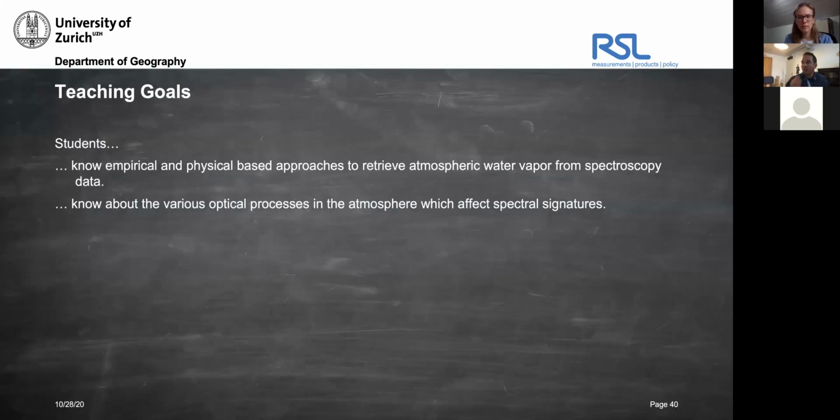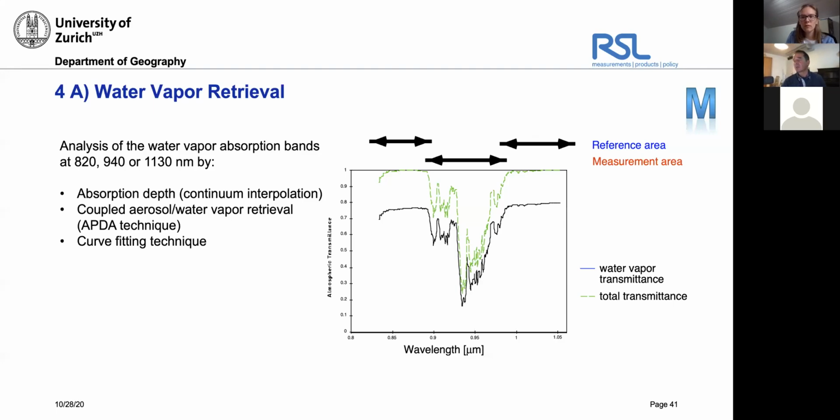Now for the gas retrieval, how to get these signatures evaluated, how to find the amount of gas. The normal way is if you look at an absorption feature, so it's absorbing at some wavelengths, and you just want to know how much it's absorbing, and you compare the absorbing area to the surrounding area.